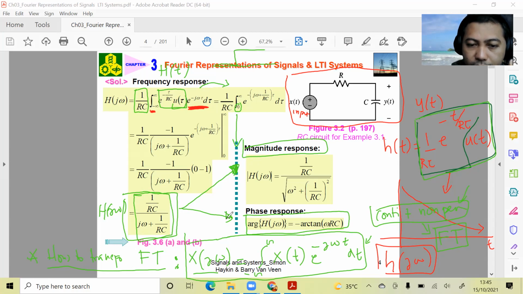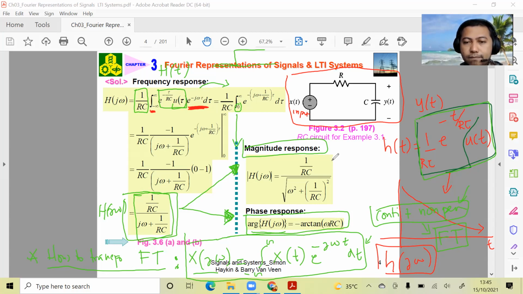And for the phase, we can see the characteristic of how the phase changes with respect to the frequency. So the phase is the inverse tangent of ωRC, something like this.